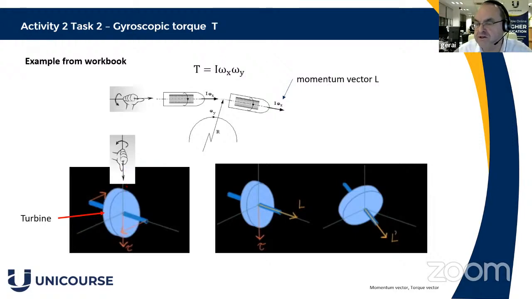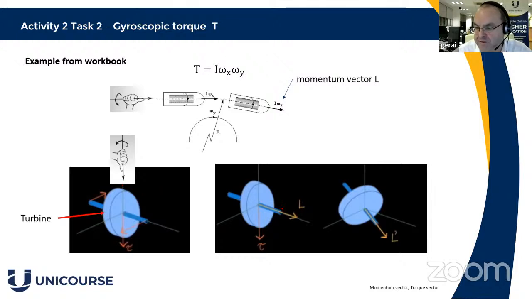And because it's turning to the right, the torque vector is as shown, where you wrap your fingers around the direction of the applied torque or the applied forces to give the torque vector, which is going to be in a downward direction.